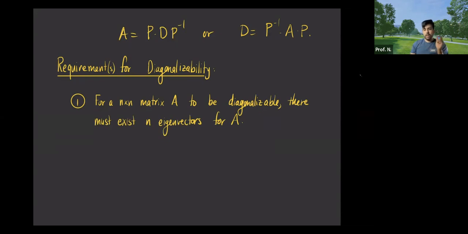And we saw that in the previous lecture. And in the last lecture, we just briefly talked about this idea of geometric and algebraic multiplicity. So that's the second statement, which is really just a reformulation of the first statement.